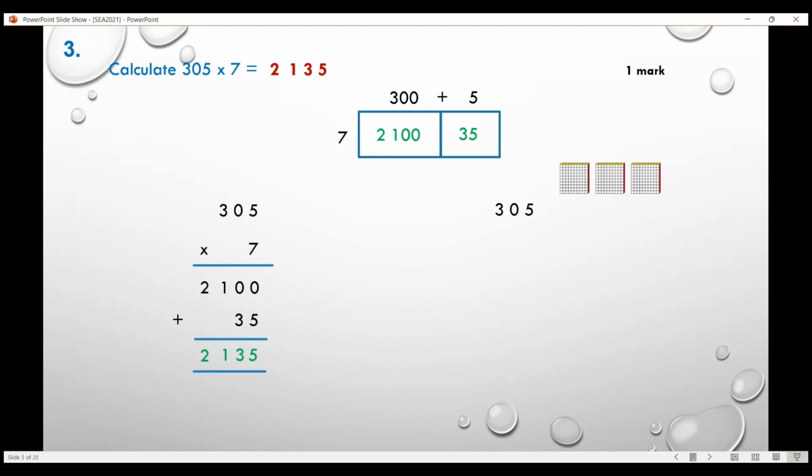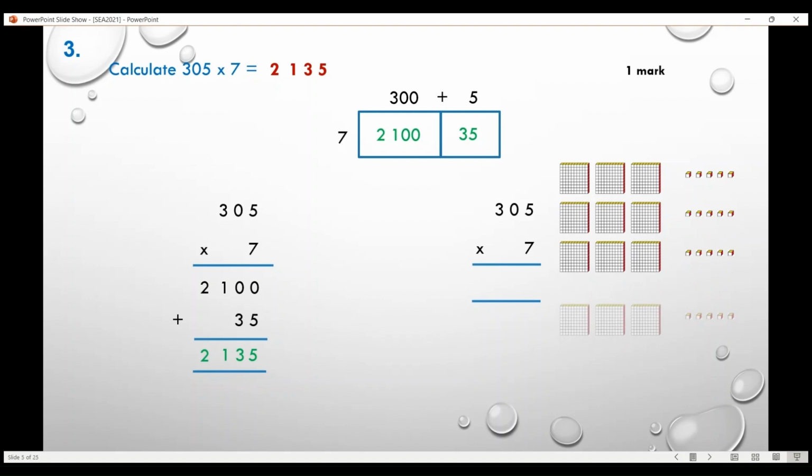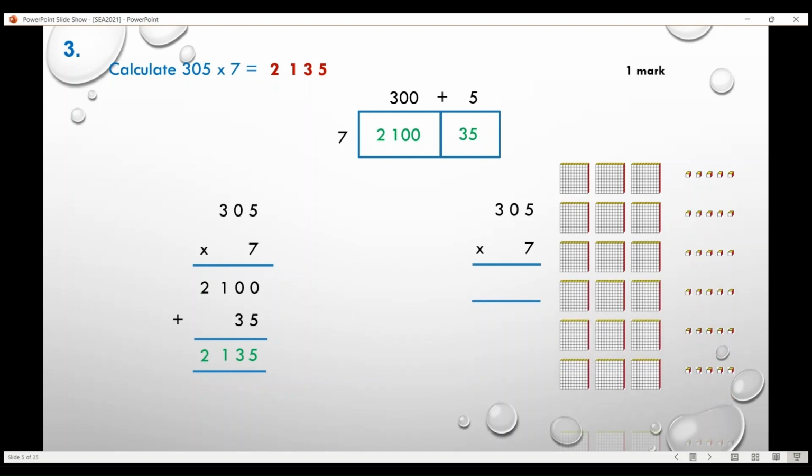So let's be reminded. We have 300s there, 100, 200, 300, and no tens. And we have 1, 2, 3, 4, 5 units. So we have 305. And what we're doing, we're multiplying by 7, which means we have 7 groups of 305. 1 group of 305, 2, 3, 4, 5 groups, 6 groups, 7 groups of 305.